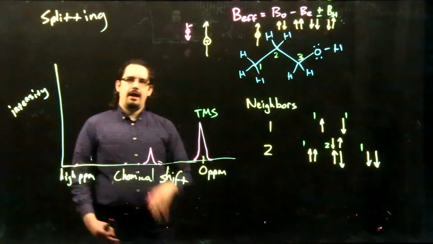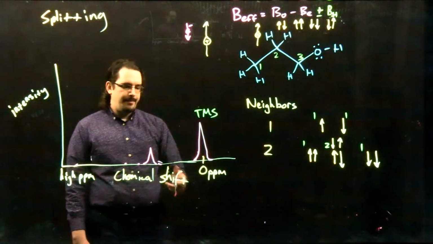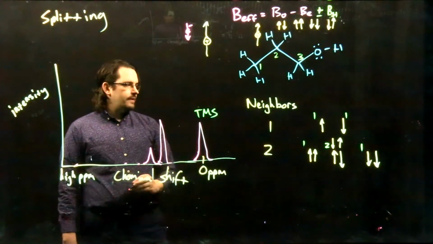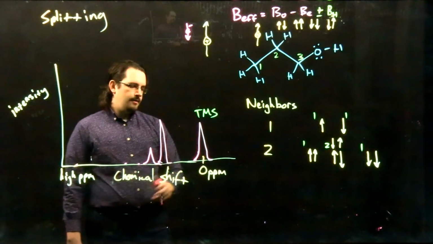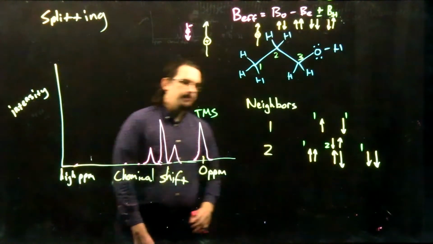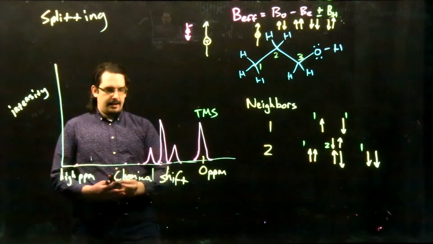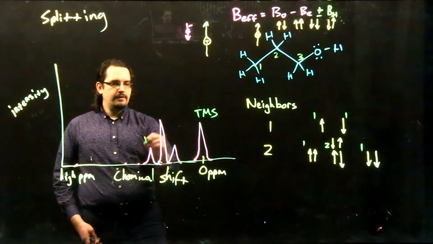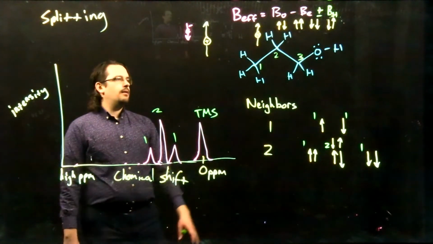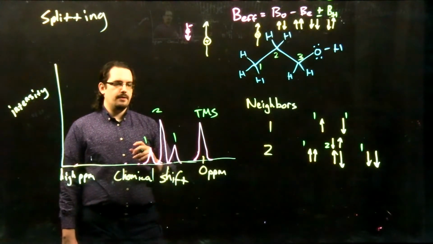Half the time, we're going to have them opposing each other, up and down, or down and up. And so we'll get our peak in the middle. That'll be twice as big as the other peak. And then we'll get a third peak from them both opposing the magnetic field. So we get a characteristic 1 to 2 to 1 pattern as we're split by interacting with the magnetic field of our two neighbors.